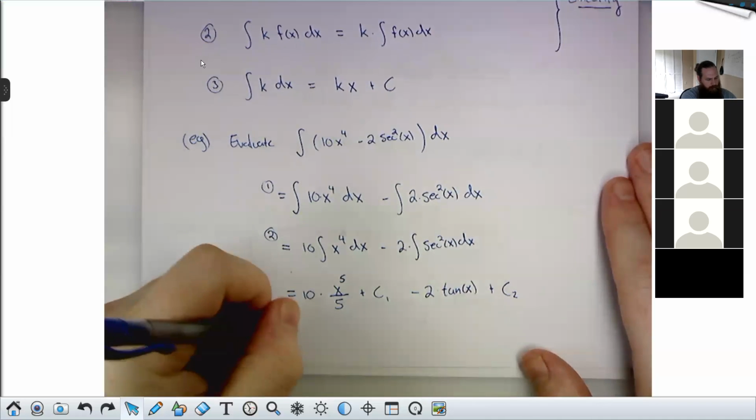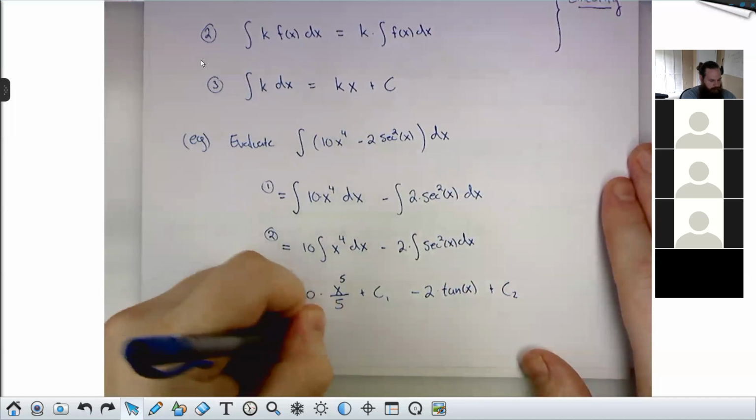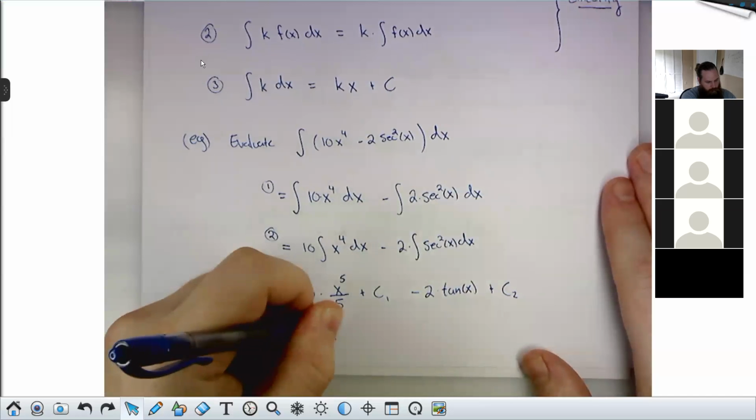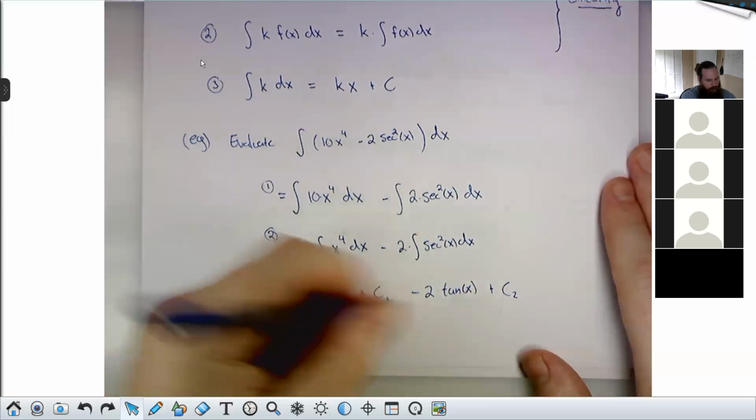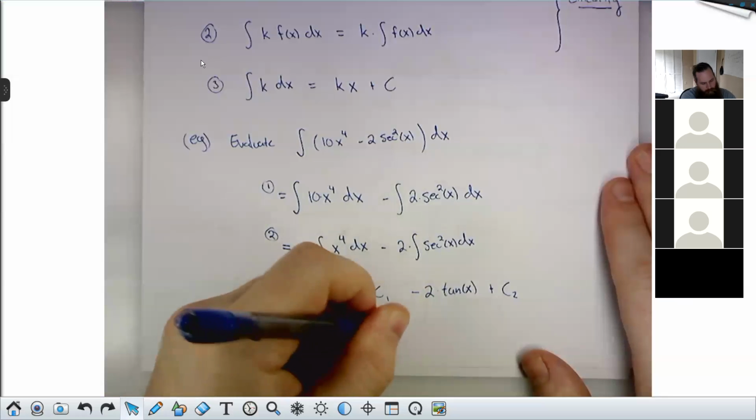And then I can combine this into a single expression. 10 over 5, of course, is 2. So this is 2x to the 5, and then I'll write minus 2 tan x.